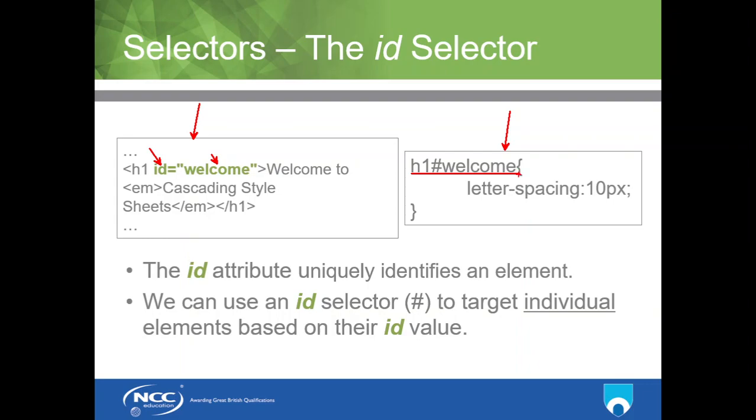So we have to specify it in CSS in order to target particularly this H1 that has an ID value of welcome, so that we can uniquely target that element. So this property, letter spacing 10 pixels, is only going to be applied to this H1, not to any other H1.